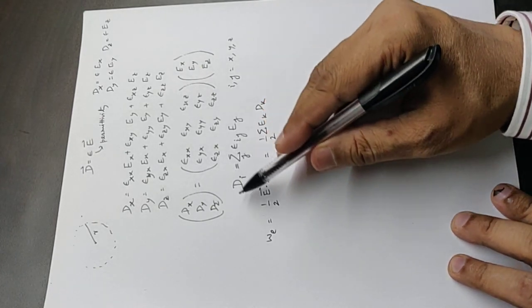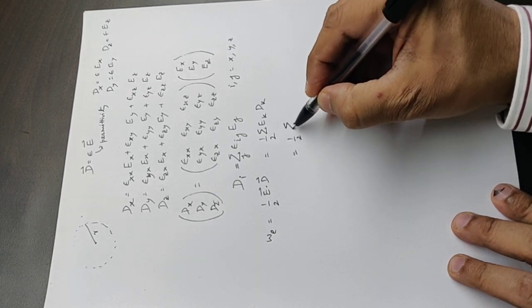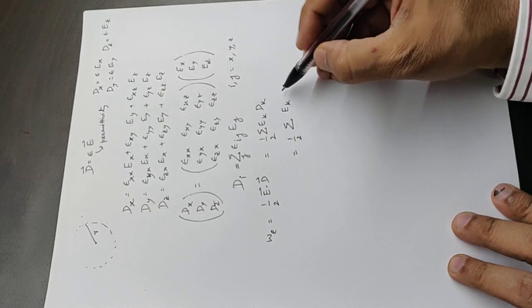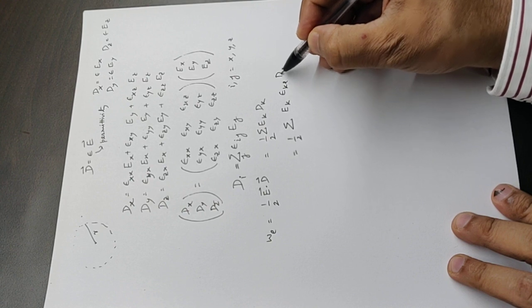But Dk can be written in this form, so this would be equal to half summation over Ek as it is, and Dk becomes epsilon kl El.